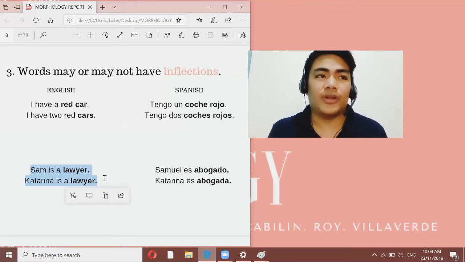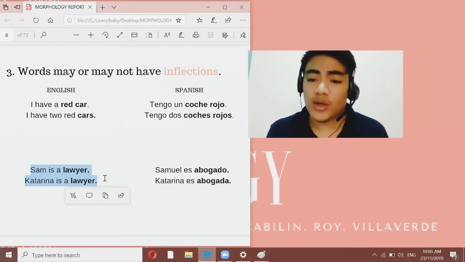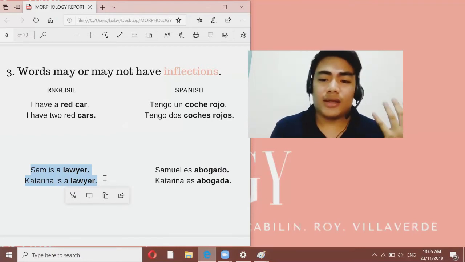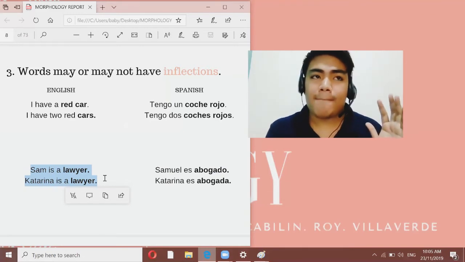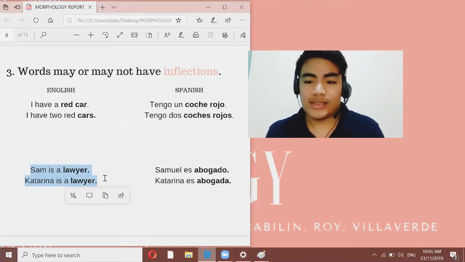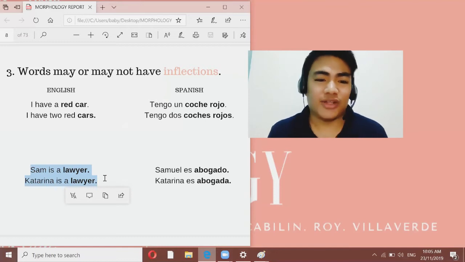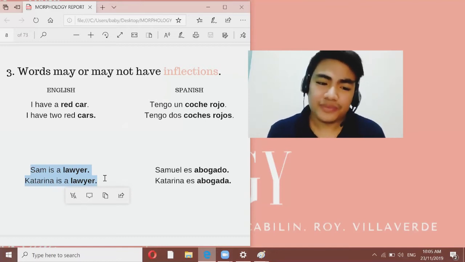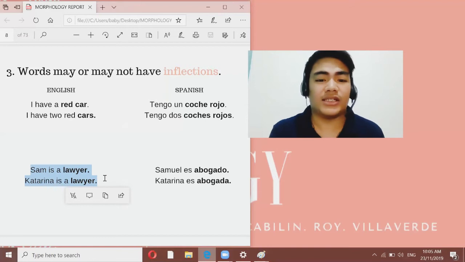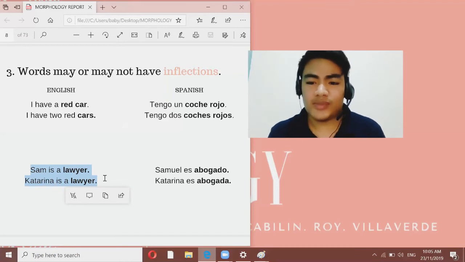For example, the words host and hostess, and the words actor and actress. So they are gendered, but they are not common in the English language. In Spanish, almost all of their nouns, especially occupational nouns, are gendered.